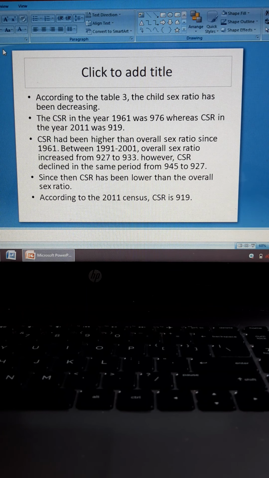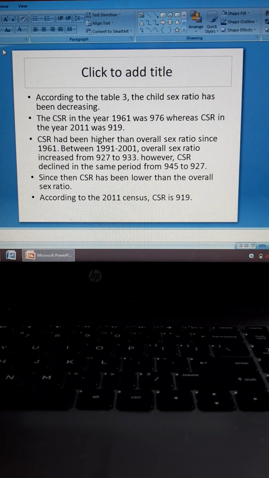CSR had been higher than the overall sex ratio since 1961. But between 1991 and 2001, the overall sex ratio increased from 927 to 933, whereas the child sex ratio declined in the same period from 945 to 927.